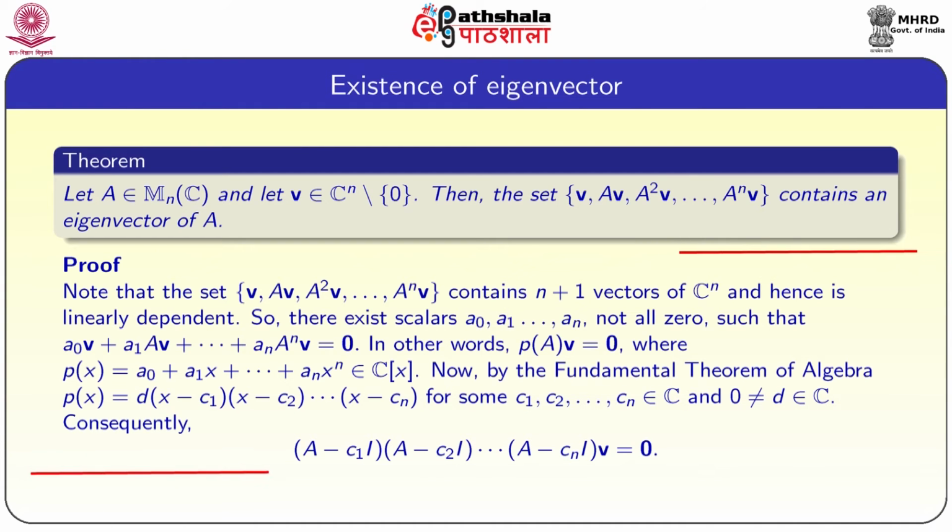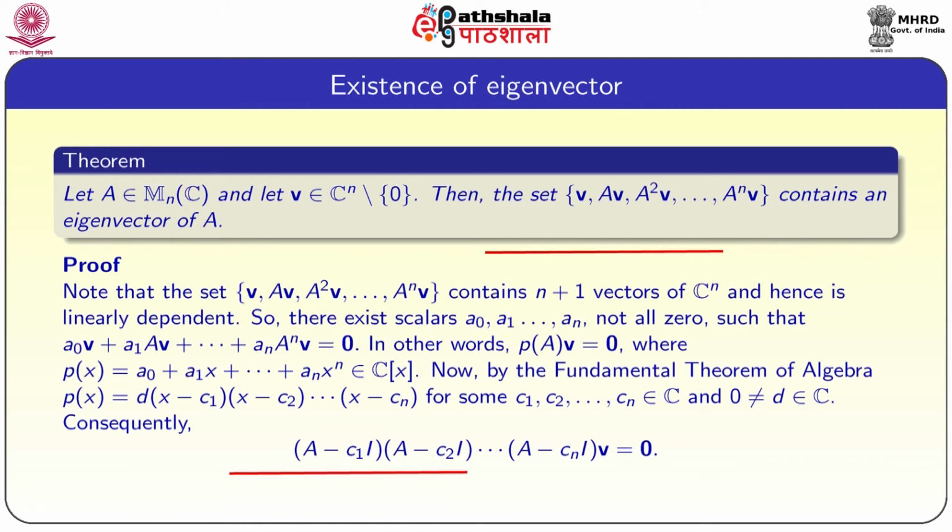Proof, note that the set V, AV, A square V and so on A power n V contains n plus 1 vectors of C power n, hence it is a linearly dependent set. So, there exist scalars a0, a1 and so on an not all 0 such that a0 V plus a1 into AV plus and so on an A power n into V equals 0.